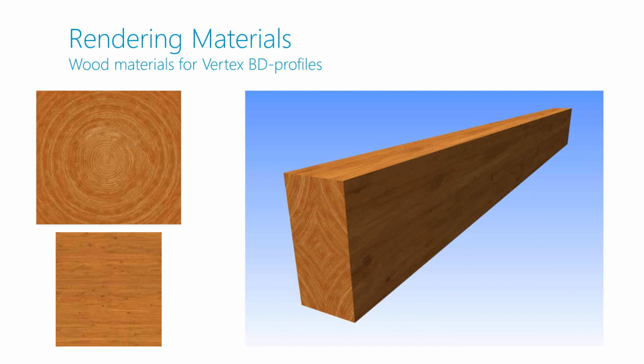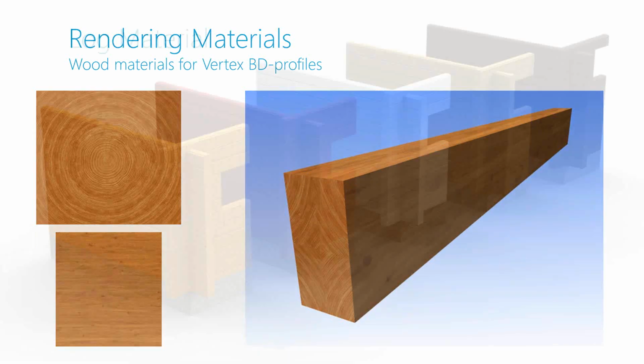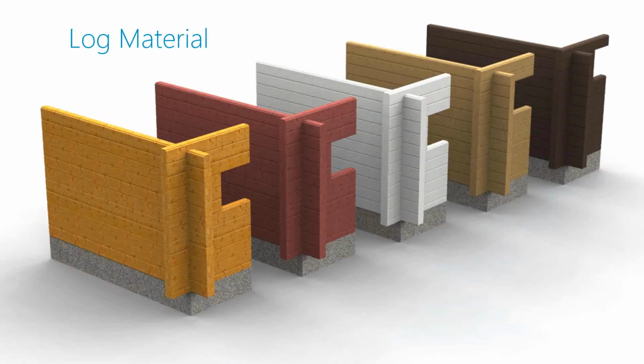There's a number of wood species added in the library that have this section view image as a separate texture file. And here's log material made the same way as the profile materials.